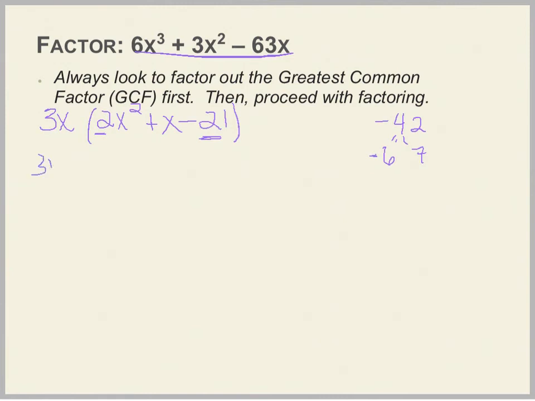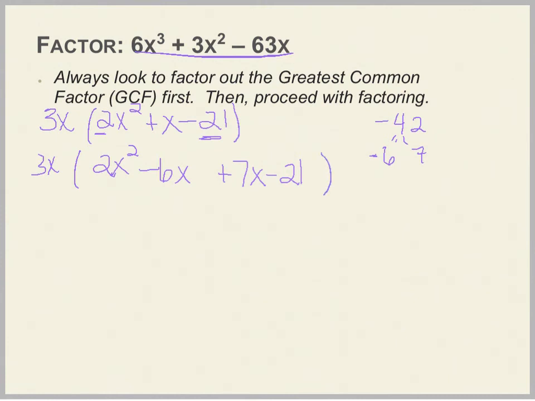So this 3x is going to stay out front, but I'm going to rewrite my trinomial as 2x squared minus 6x plus 7x minus 21.